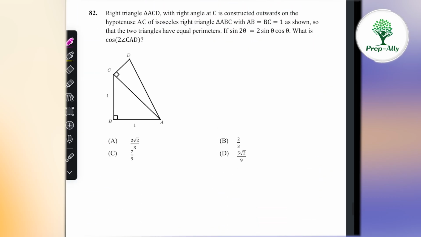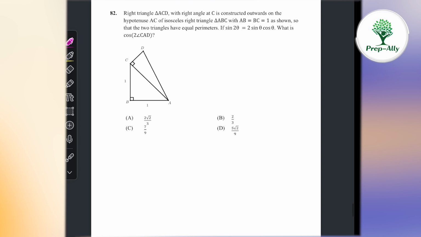Alright, let's move on to the 82nd question. So we have a right triangle ACD, which is also isosceles. We have a right triangle ACD, that is this right triangle here, which is constructed outwards on the hypotenuse AC of right isosceles right triangle.